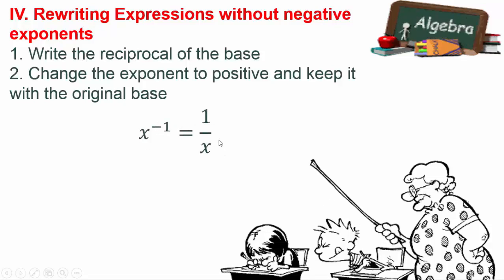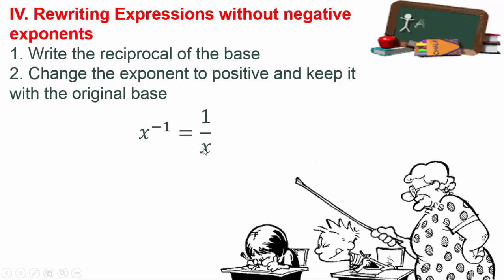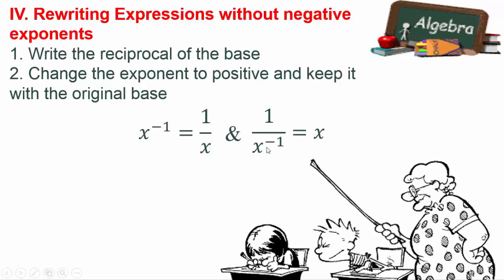In this case, the power here, negative 1, its positive power would be 1, so it's 1 over x to the first power, or 1 over x. And of course you can do the reverse. If you have a negative exponent on the bottom, x to the negative 1, you can bring that upstairs and put that simply as x to the positive 1, or just x.